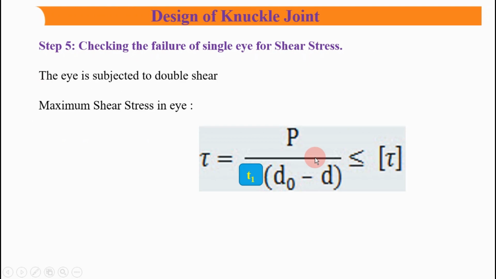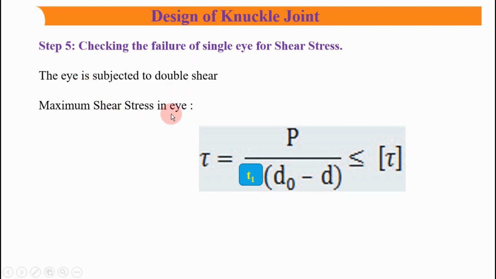Then step number 5. Step number 5 tells us checking the failure of the single eye for shear stress. As I have told you earlier, we need to check for tension, crushing and shear. Before this we checked the single eye for tensile failure, then for crushing failure, and now it is time to check it for shear failure. The eye is subjected to double shear.